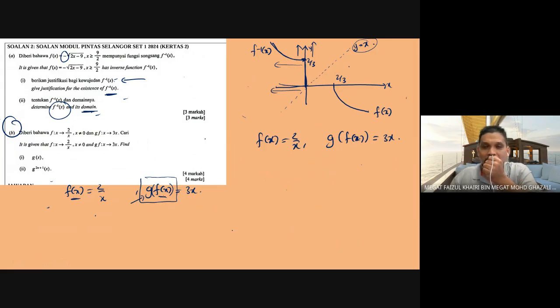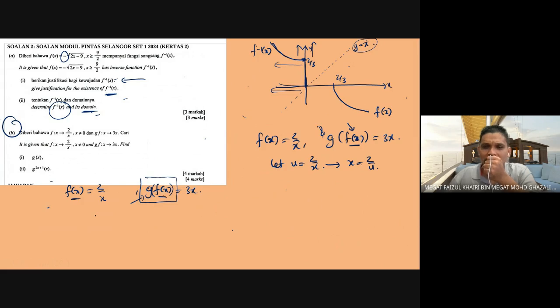Just now they gave the function outside, g(x), and we found the function inside, f(x). But this time they give you the function inside, and you find the function g outside. So in this case, let u equal 2 over x, then from here x equals 2 over u.